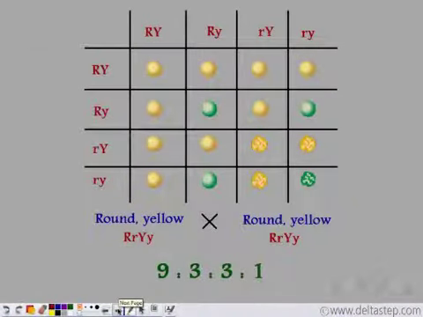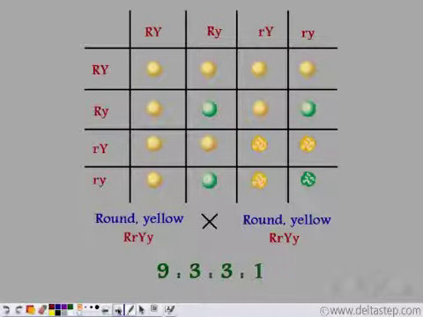Now let us try and find out the phenotypic ratio. See, there are 9 yellow and round seeds. There are 3 green and round seeds. There are 3 wrinkled and yellow seeds, and only 1 green and wrinkled seed.